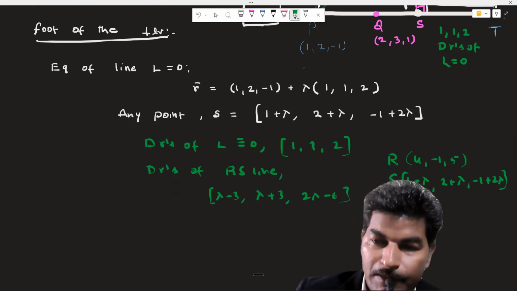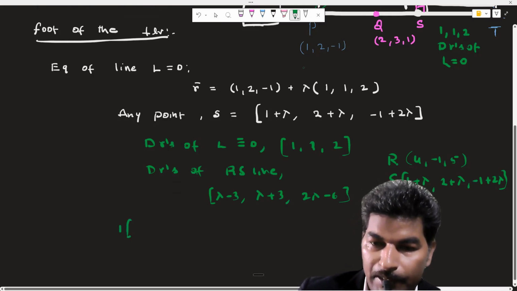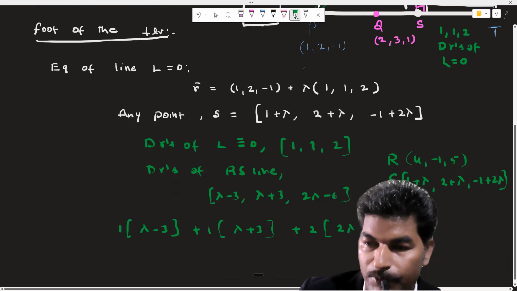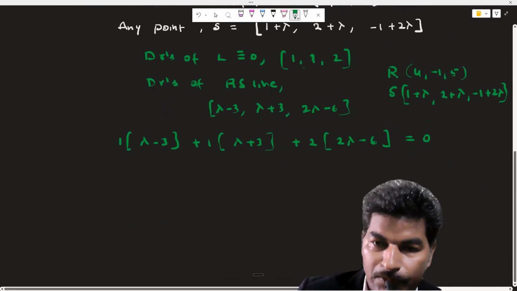Because they are perpendicular, the dot product must be 0. So 1 times (lambda minus 3) plus 1 times (lambda plus 3) plus 2 times (2 lambda minus 6) must be 0.